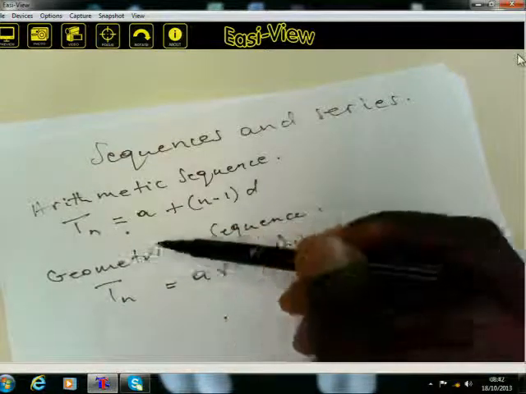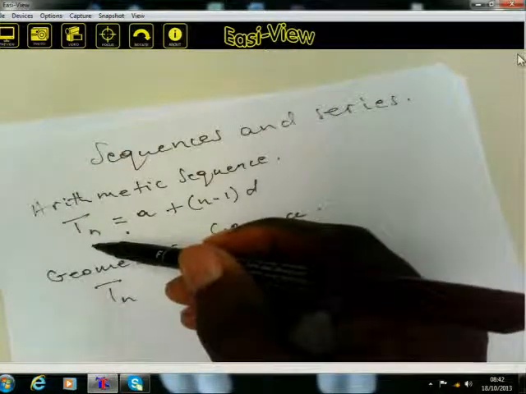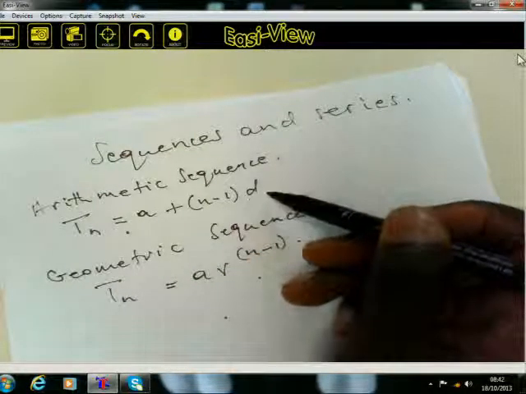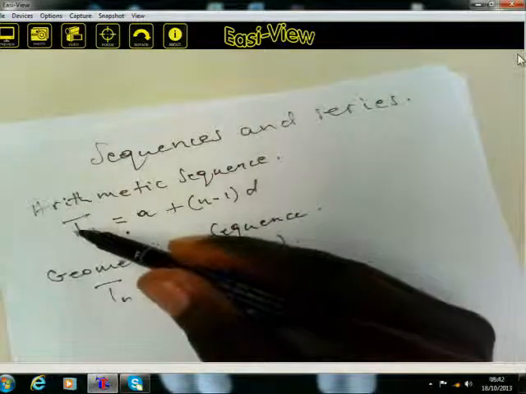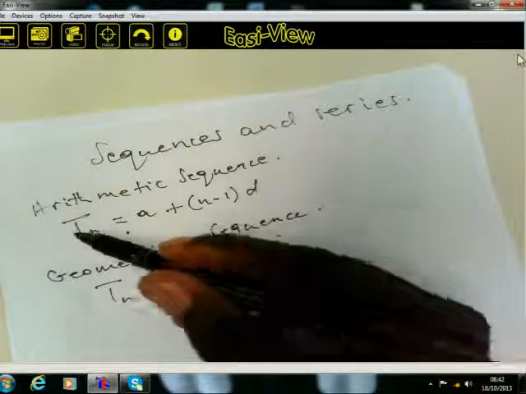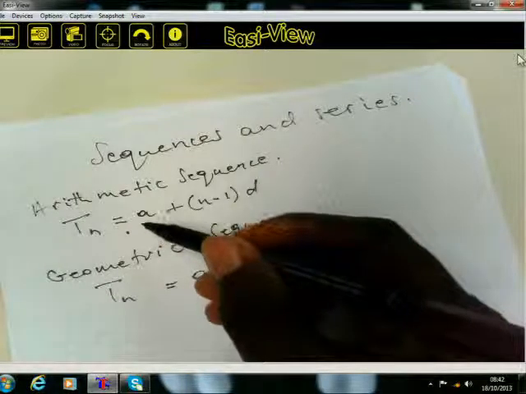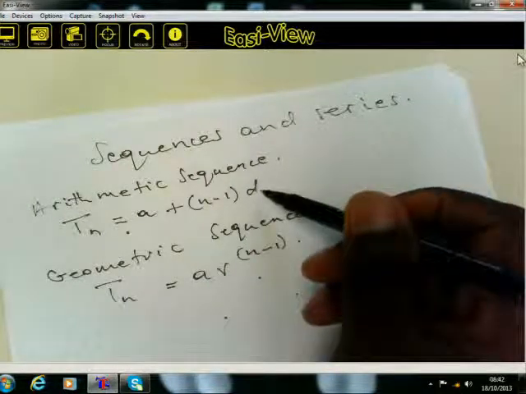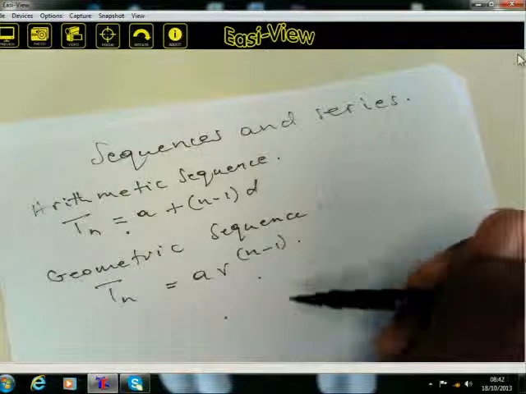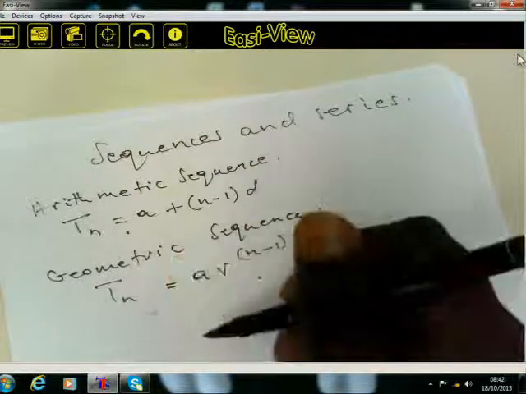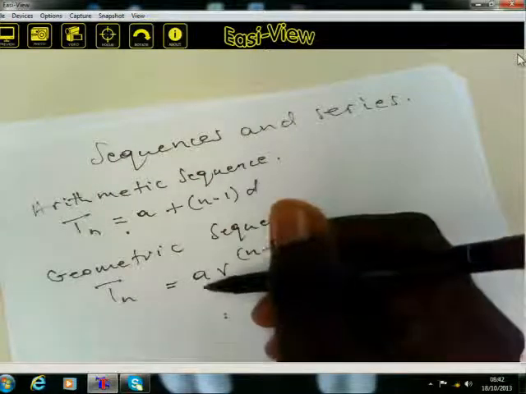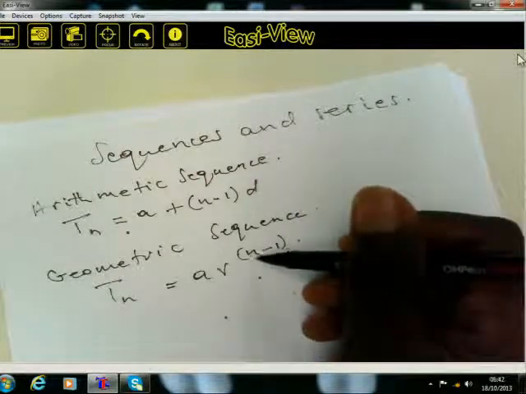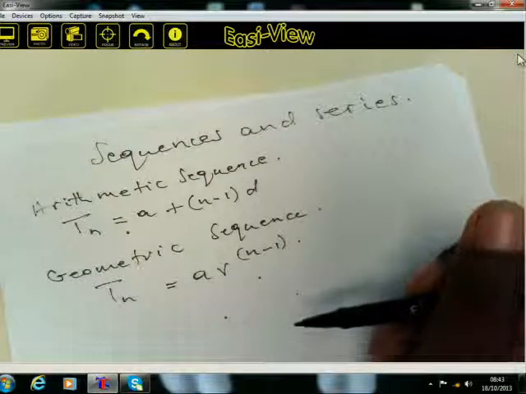The general term of the arithmetic sequence, T subscript n is equals to A plus n minus 1 into D. In other words, for you to get the general term or the nth term, you must have the value of A, the value of n, and the value of D. Now, for the geometric sequence, the general term or the nth term, you must have the value of A, the common ratio, and then the number of the term also is very, very important.